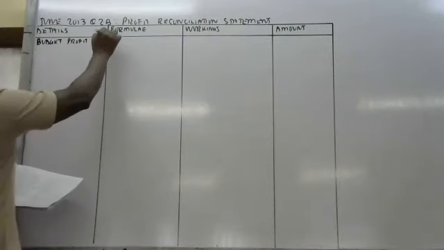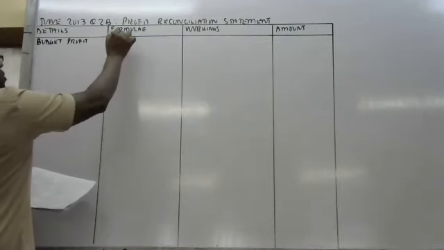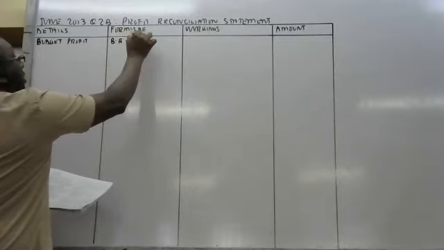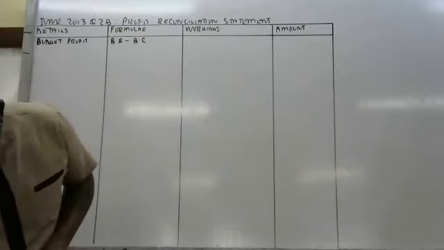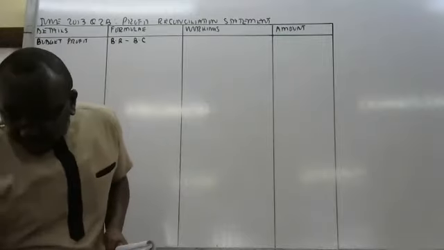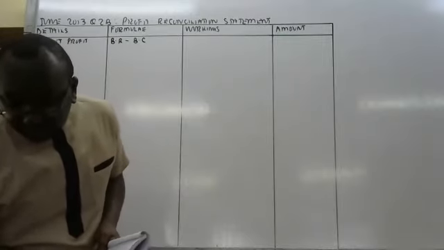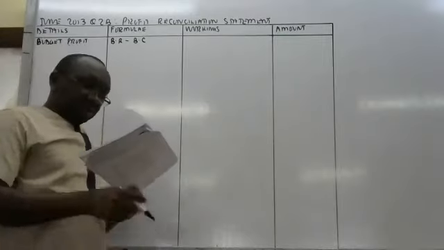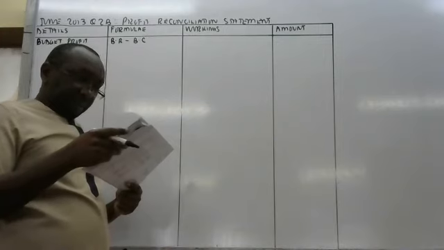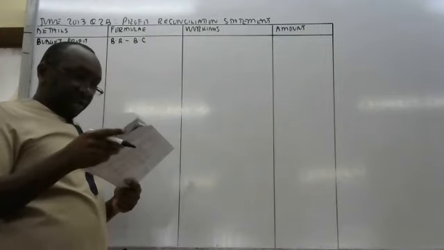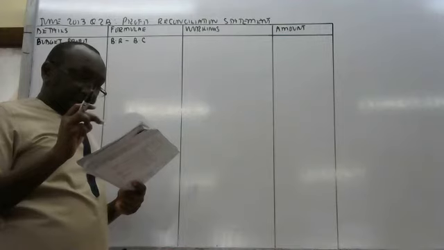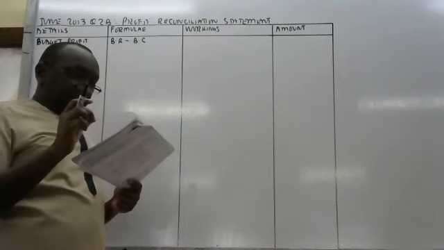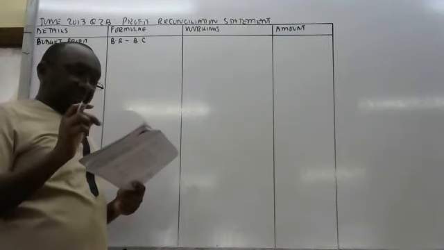The formula for the budget profits is budget revenue minus budget costs. Can you see the standard selling price?